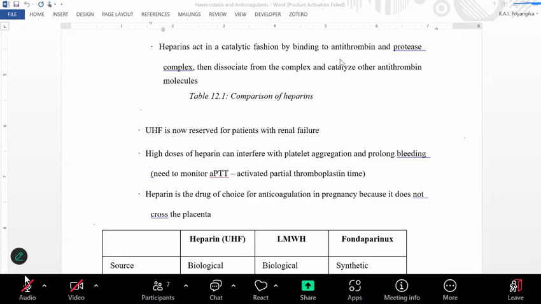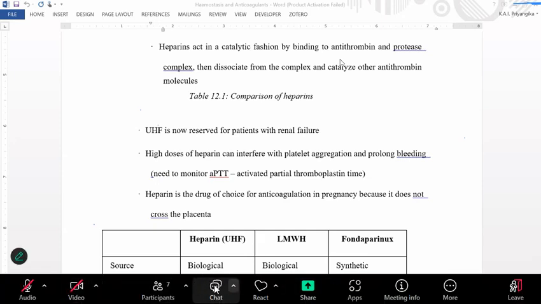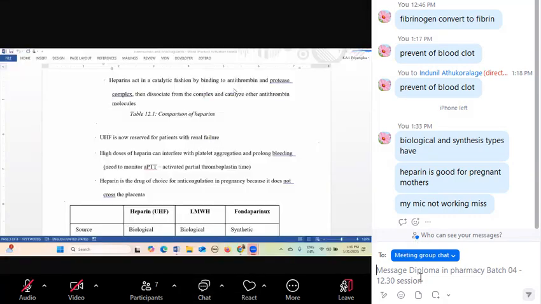Okay, so heparin. Sarah said heparin will stop coagulation, and then Jayani said there are different types, natural and synthetic. What are the natural ones and what are the synthetic ones? Can you name the synthetic heparin derivative?